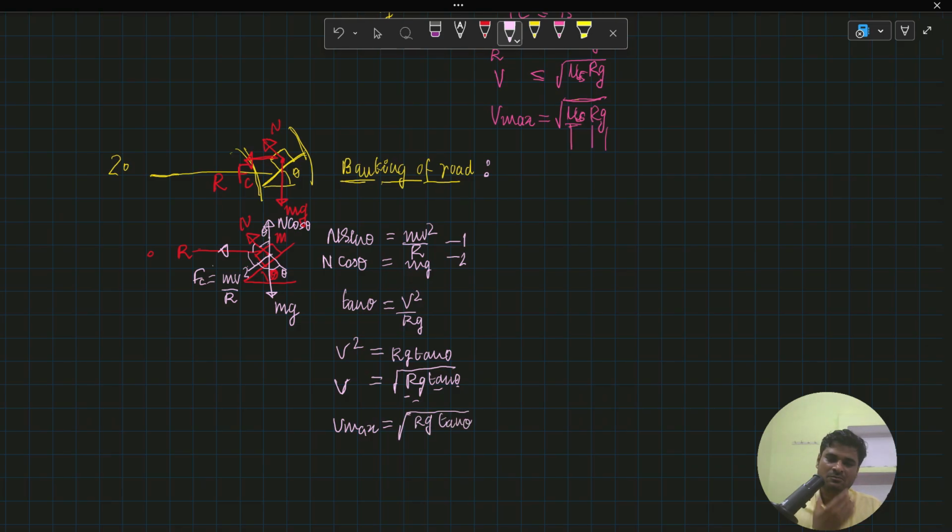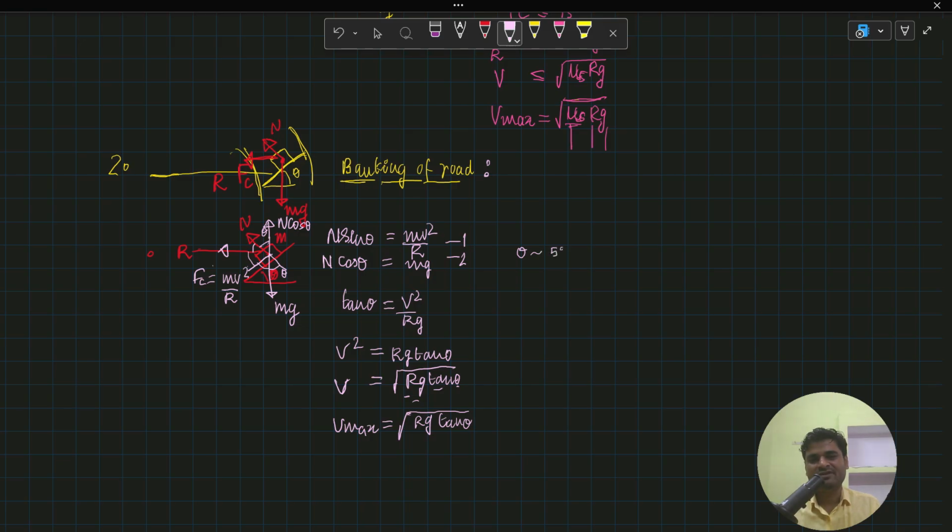We know that tan theta can have various values, although roads are not at 50-degree or 60-degree angles. The angle of these roads is usually 5 degrees or 10 degrees.